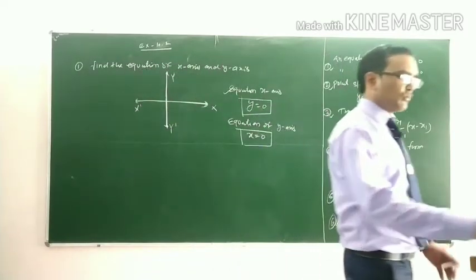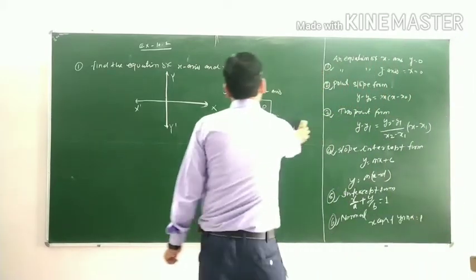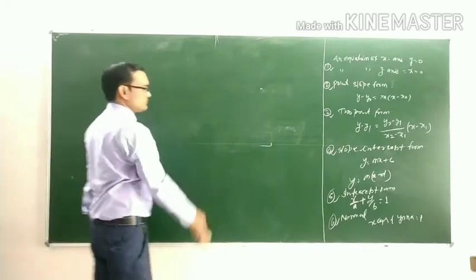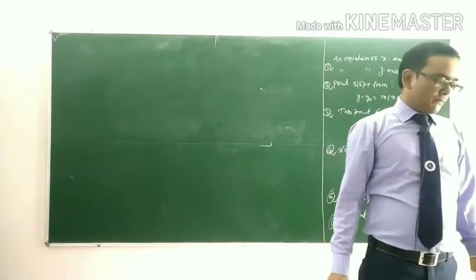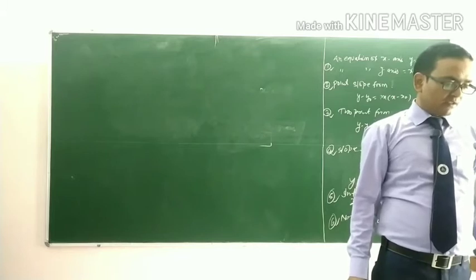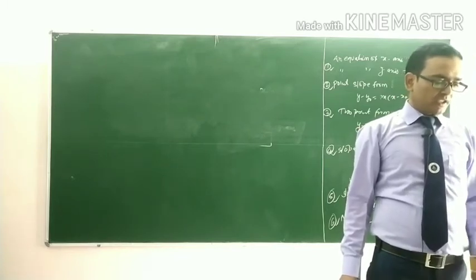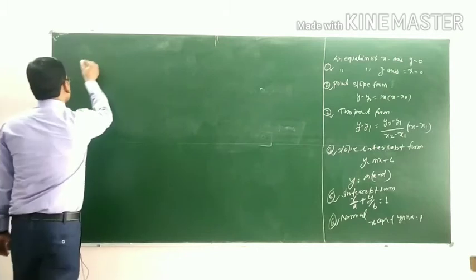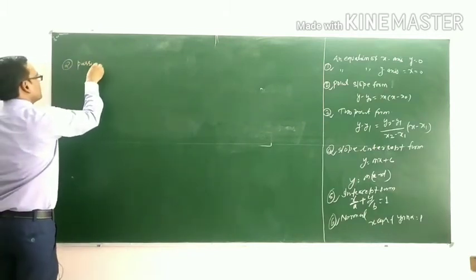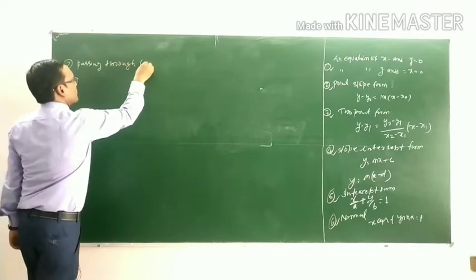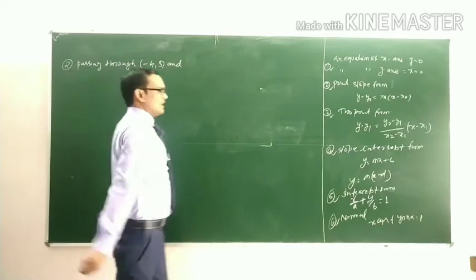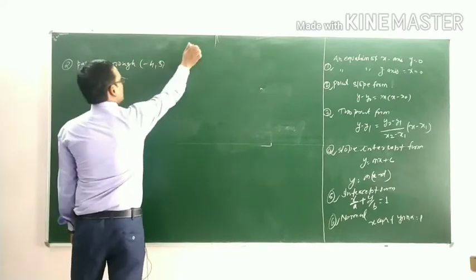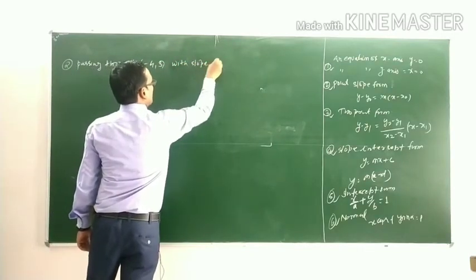Let us move to question number 2. Find the equation of the straight line passing through the point minus 4, 3 with slope 1 by 2.